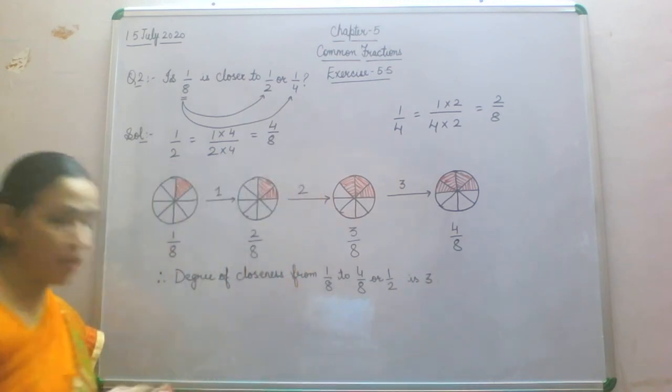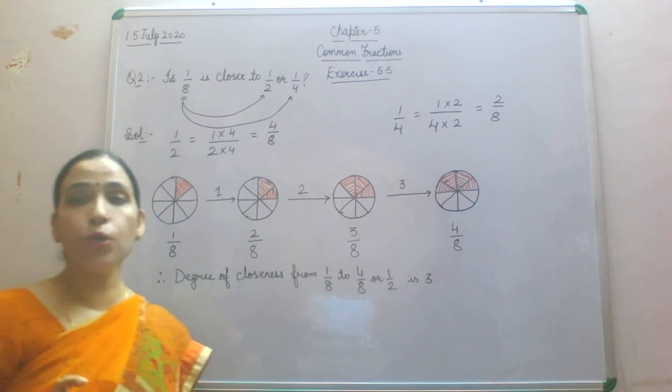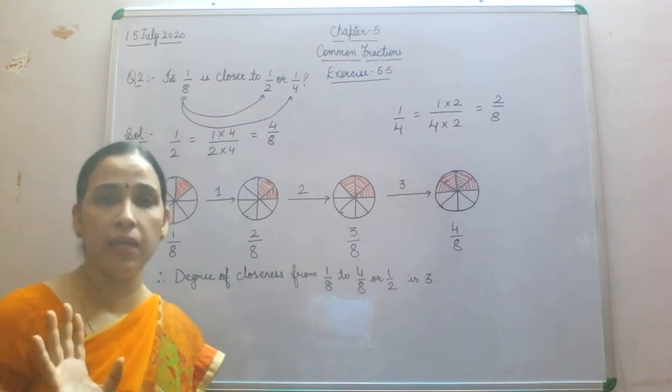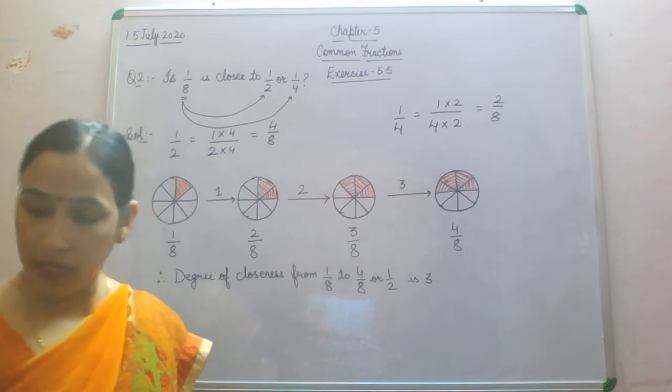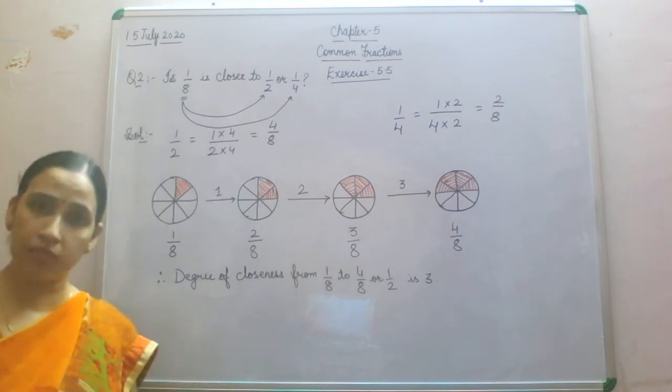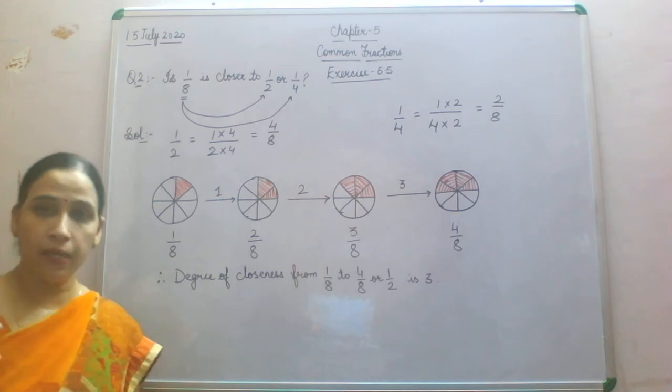Now here you will understand: whosoever degree of closeness is less, that will be closer. Fine. Remember only this. Whosoever degree of closeness is less, that will be closer.